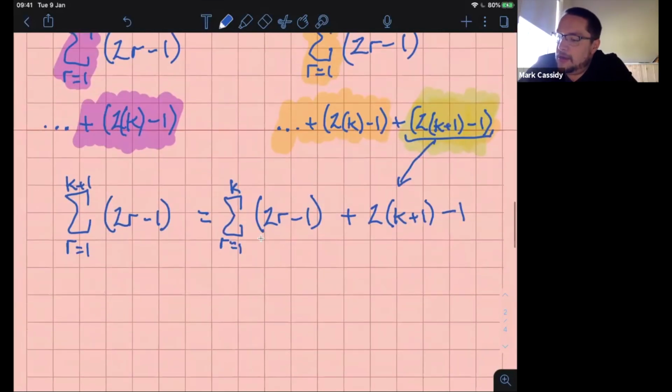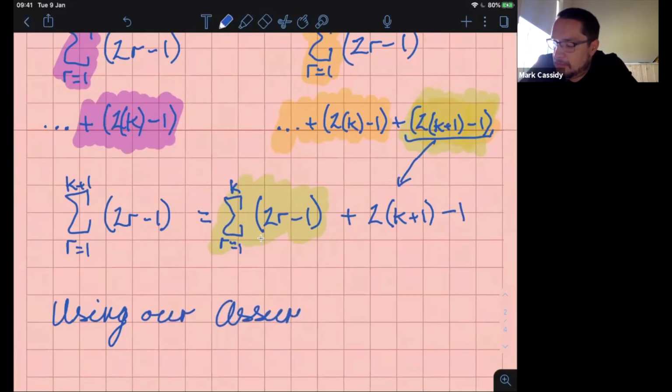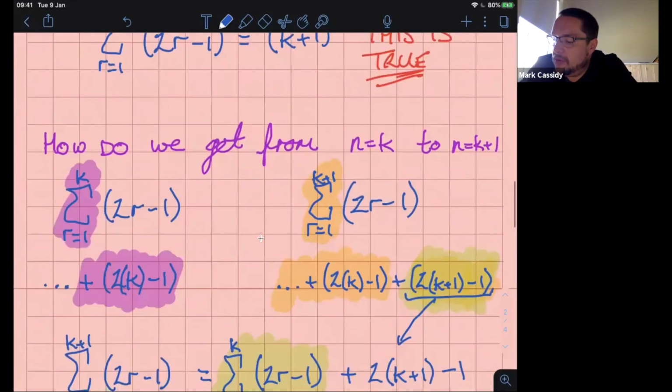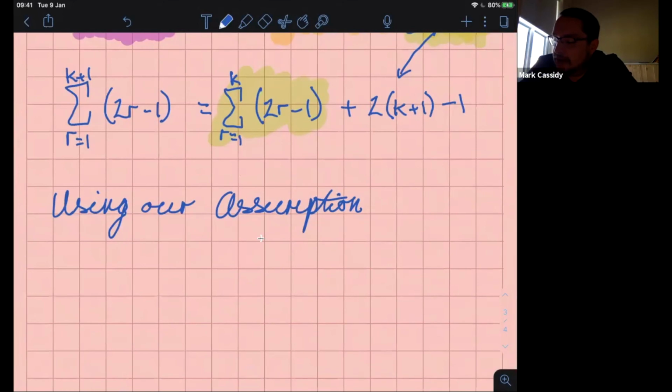Okay, now we need to have a look at this part here. Using our assumption, what was our assumption? Well, our assumption was that the sum from r equals 1 to k of 2r minus 1 is equal to k squared. So we can swap that out using our assumption.